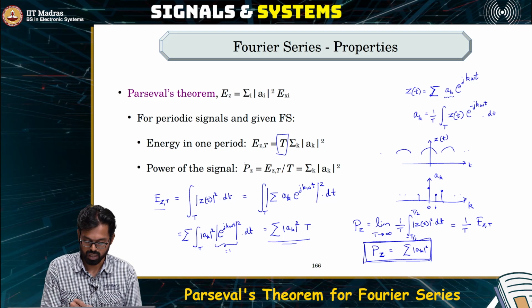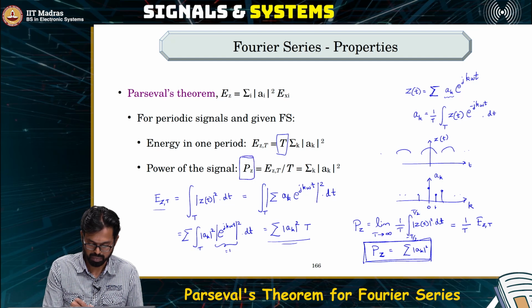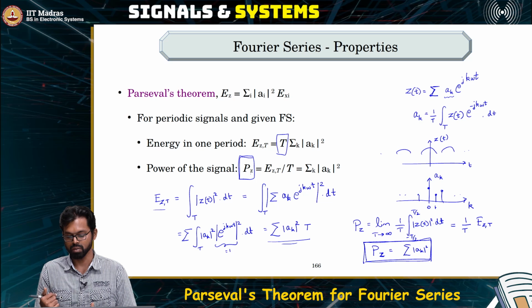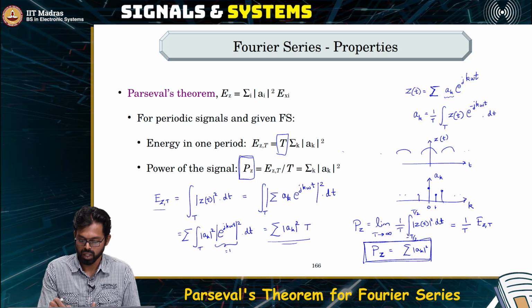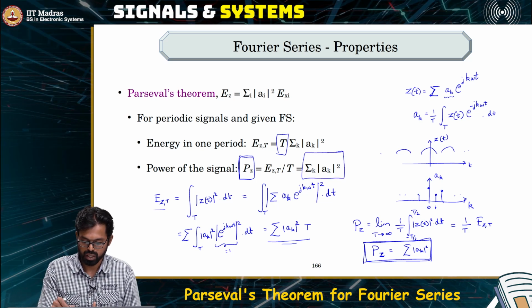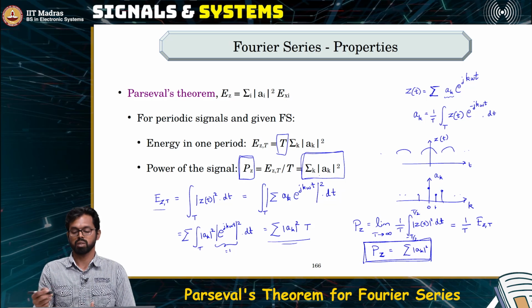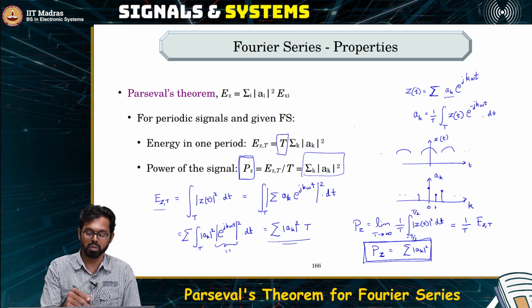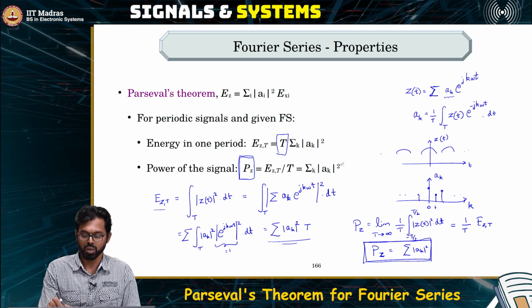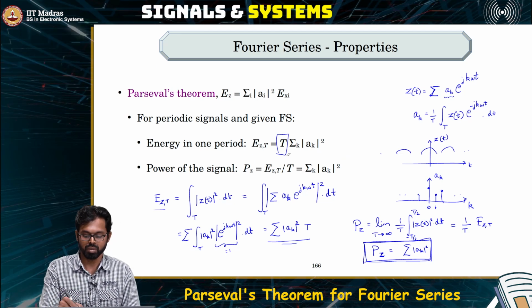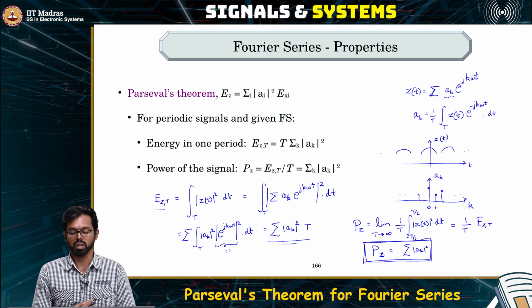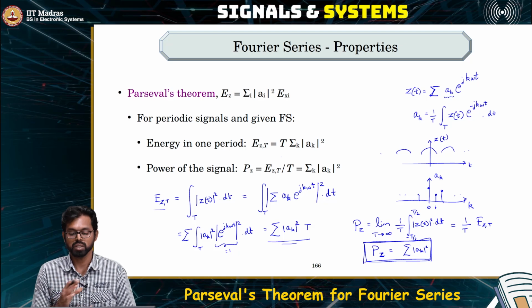Whatever signal I observe, the power in the time domain and the power in the Fourier series representation have to be equal. So if I know this in the Fourier domain, I know what the power will be in the time domain, and vice versa. From one I can compute the other. This relationship often helps us in practice to compute the power of a particular frequency component.